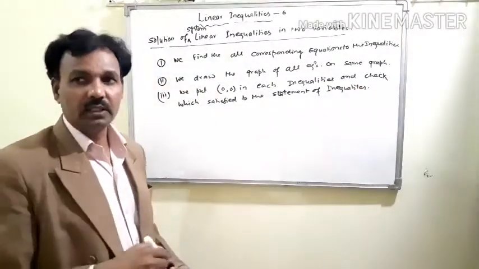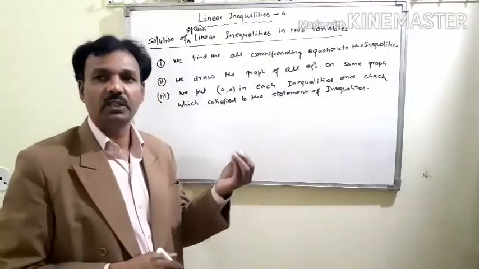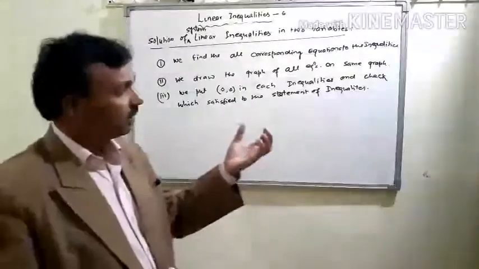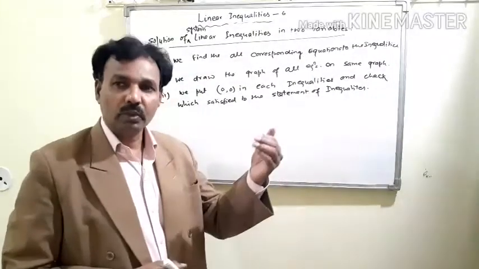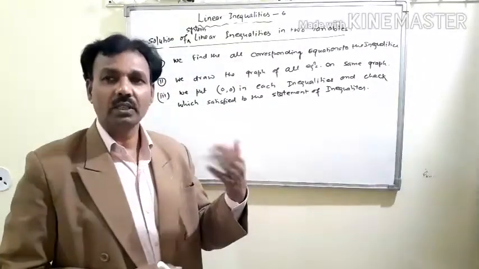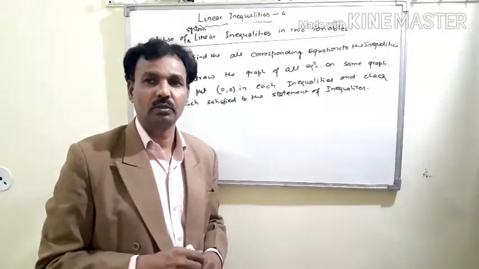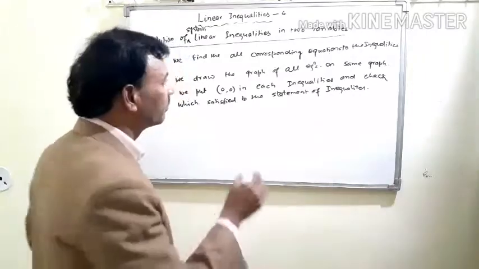If satisfied, that is, if the statement of that inequality is true, then we shade towards the origin, and if not satisfied, then we shade outside, away from the origin.